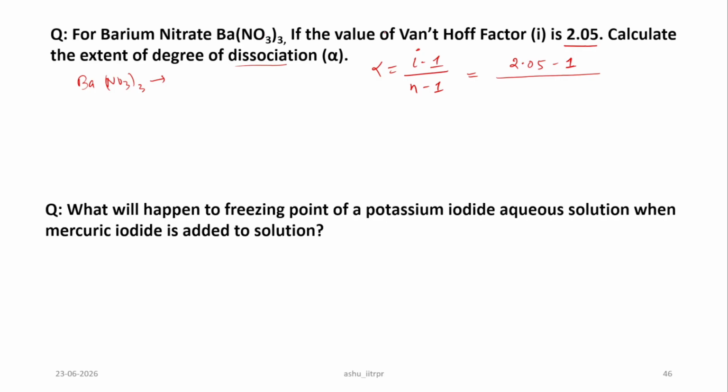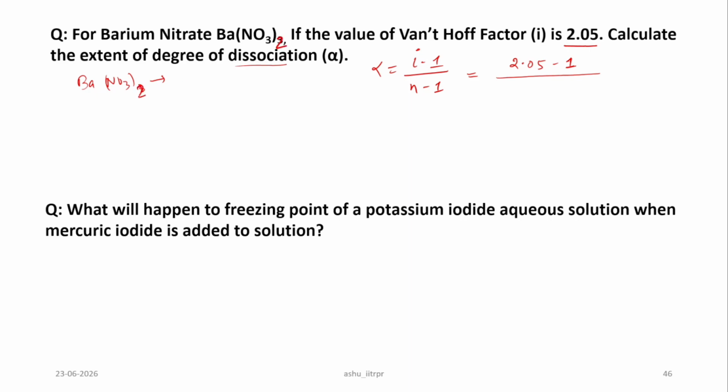It should be Ba(NO3) whole twice. Even if it is whole thrice, then the value of i would be 4. If it is whole twice, then this formula is incorrect. There should be whole twice.